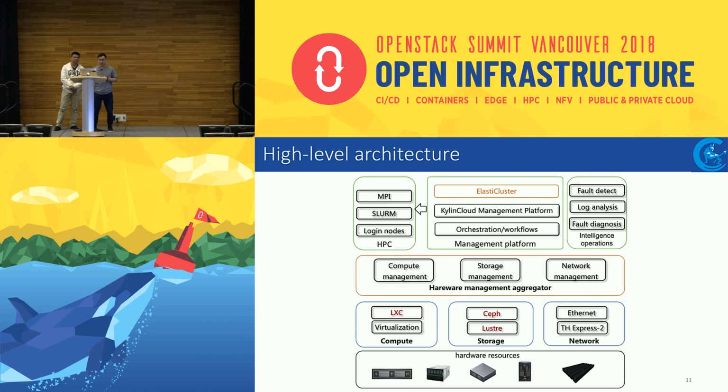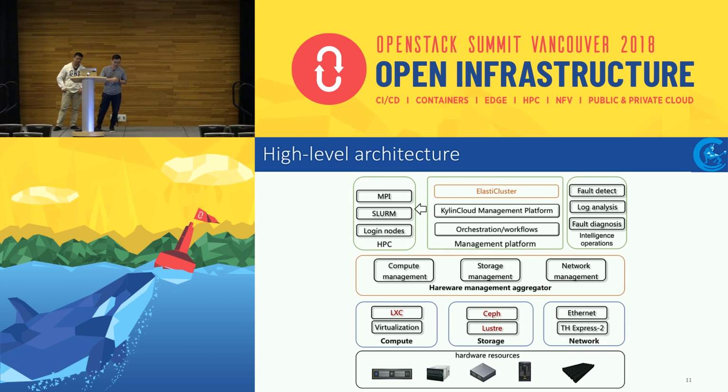So let's go to the architecture after mixing HPC with OpenStack. I don't want to go through too many details here, but there are a couple of components I'd like to highlight in order to build a fully functional HPC cloud.